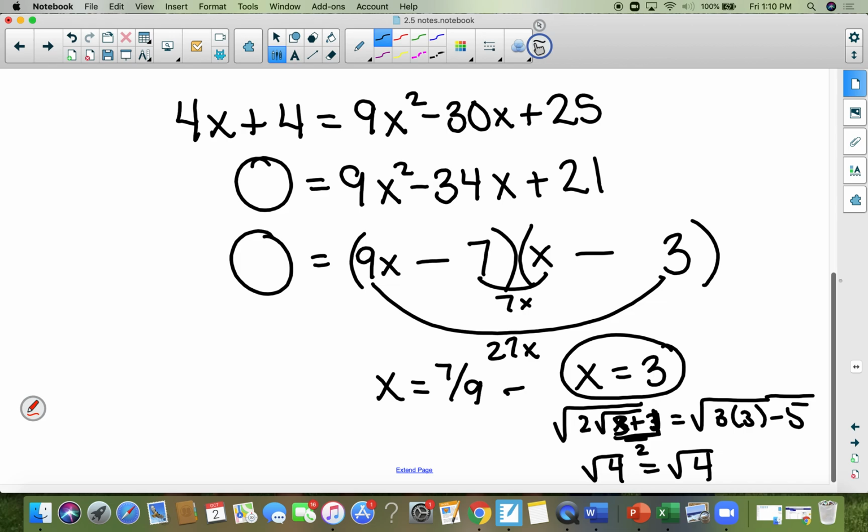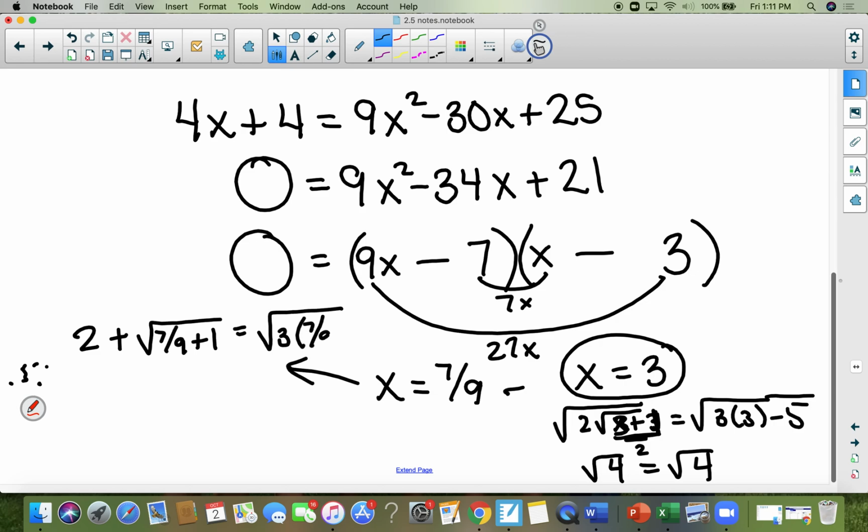Let's do the next one. 7/9. This one isn't as easy. Come over here and do 2 plus a radical of 7/9 plus 1. This has to equal 3 times 7/9 minus 5. 7/3 minus 5.